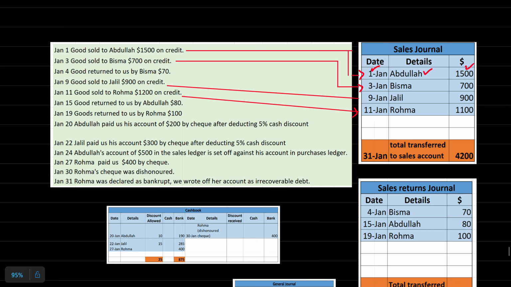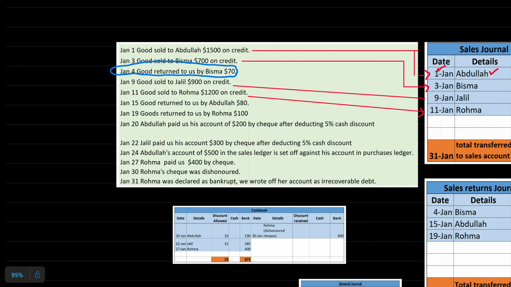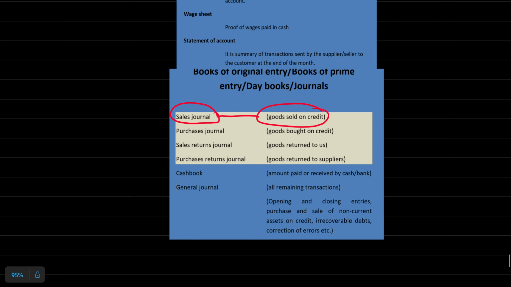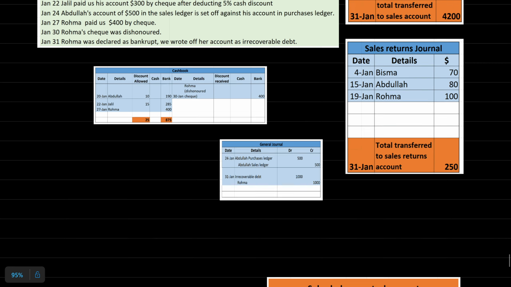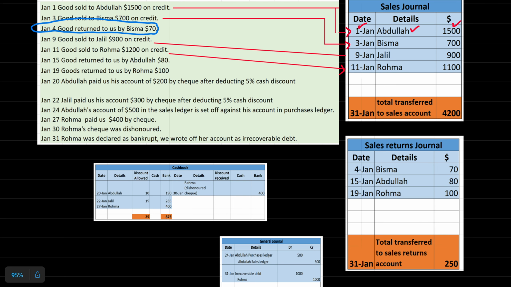Similarly, if we look at the third transaction, goods returned to us by Bisma, all goods returned to us by the customers are recorded in the sales returns journal. So we will record the return of goods in the sales returns journal.